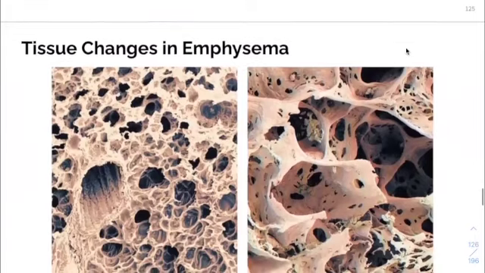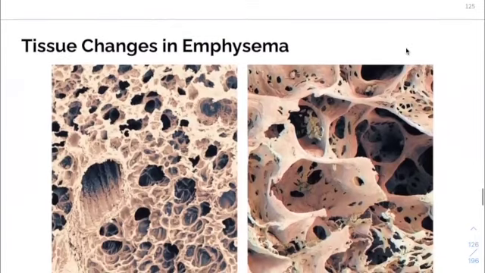Here's a typical lung, normal lung here, versus somebody with emphysema. You can see just how big these alveoli have become because of the walls breaking down. You see the difference in the surface area, how much area around all these alveoli for these blood vessels to attach versus this emphysemic lung.